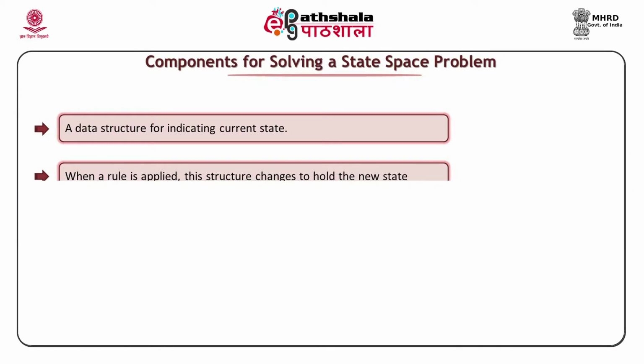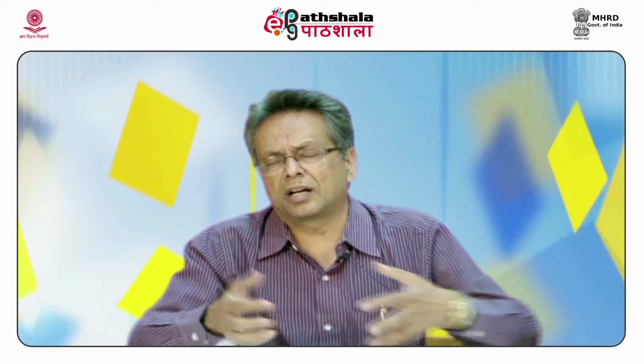So the state space in that case is pretty complex. Think of a moving, automated car which is taking a lot of inputs from many sensors, lots of cameras and all that. The data structure that you are going to use is pretty complex. So it will not always be that simple. That is the first thing. The second thing: when a rule is applied, something should change the state. The current state is x.